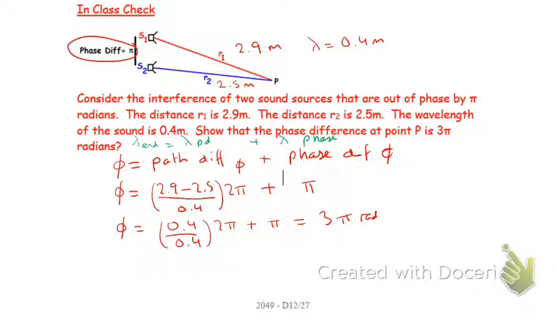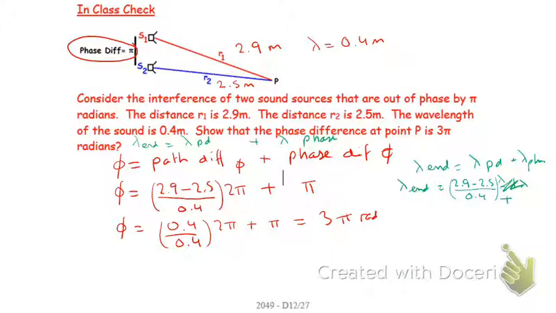My path difference lambda would equal 2.9 minus 2.5, that's the distance in meters, over 0.4, which equals 1 lambda.